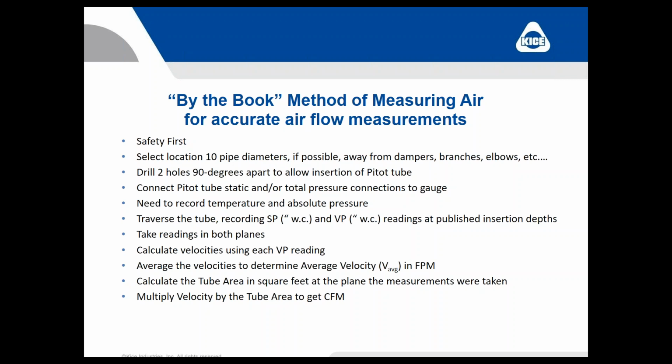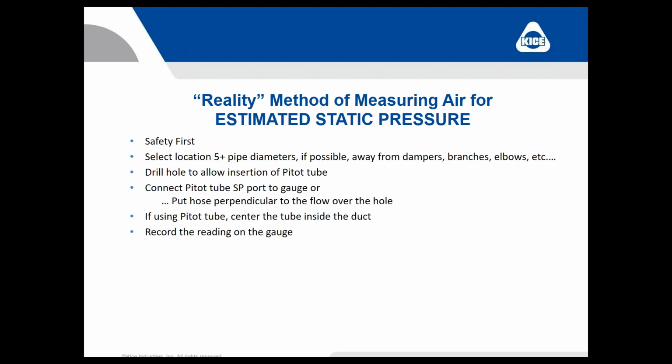And again, it goes back to my Q equal VA. They'll multiply the velocity times the tube area to get to the CFM. Again, that's a very short version of by the book, but it's a very accurate way to get that kind of air reading. The reality method is more what we use, what you might use in your facility.